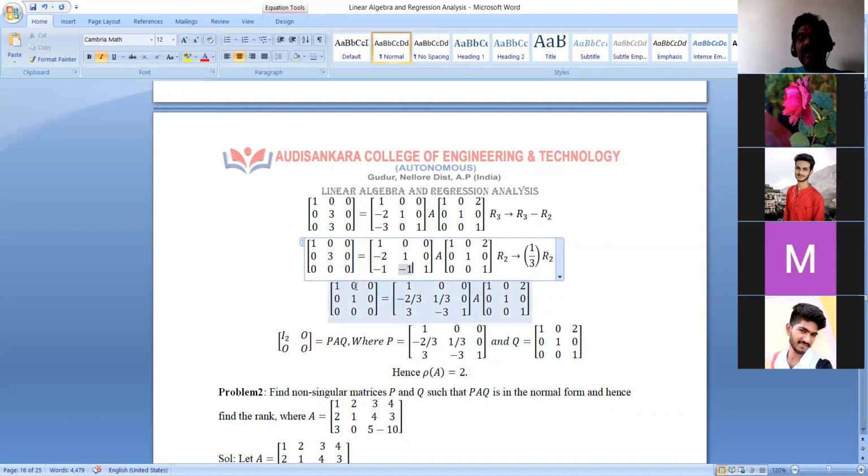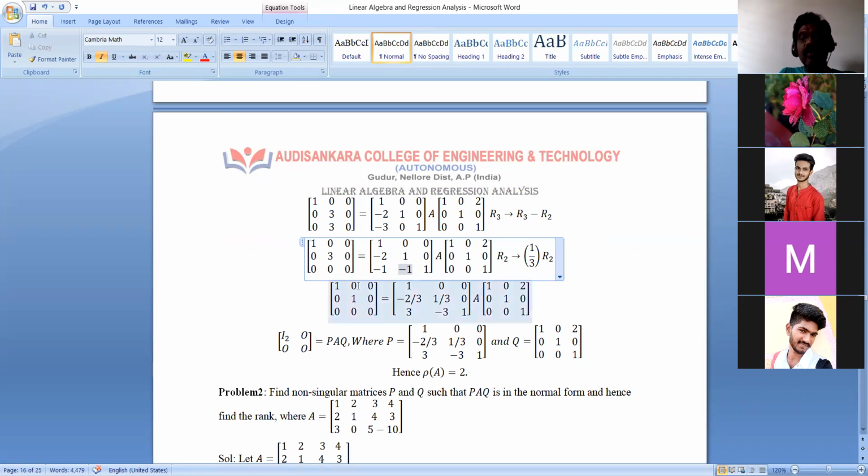Next, reduce this 3 on the left hand side into 1 by using row operations or column operations, whatever it is. If column operations are operating on this matrix, we have to perform those operations on the post multiplier. If you are operating row operations, that should be performed on the pre-multiplier.